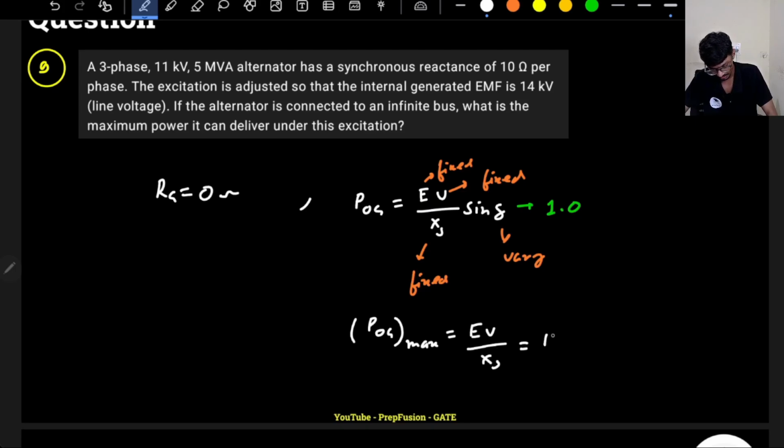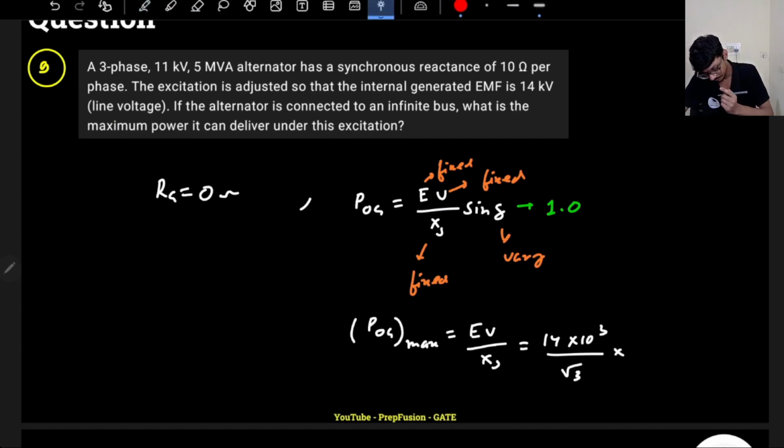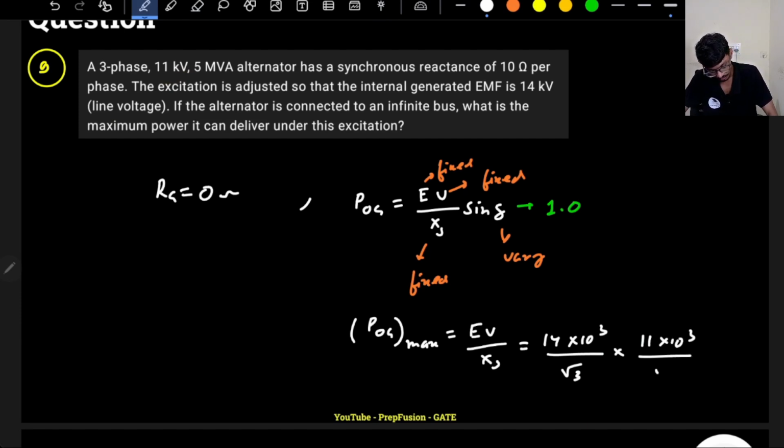So E they have already given me as 14 kilovolt, 14 into 10 cube. This is the line voltage. They have mentioned it is the line voltage, so the per phase voltage will be 14 kilovolt divided by root 3. Nothing is mentioned, so I will assume it to be star connected. 11 into 10 cube divided by root 3, divided by the synchronous reactance, that is 10.